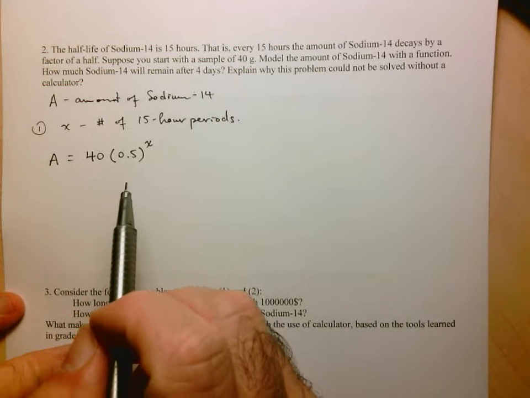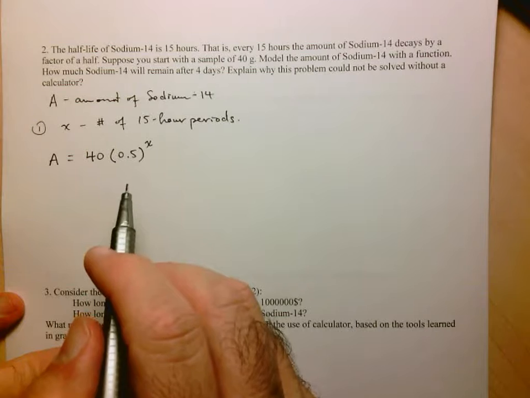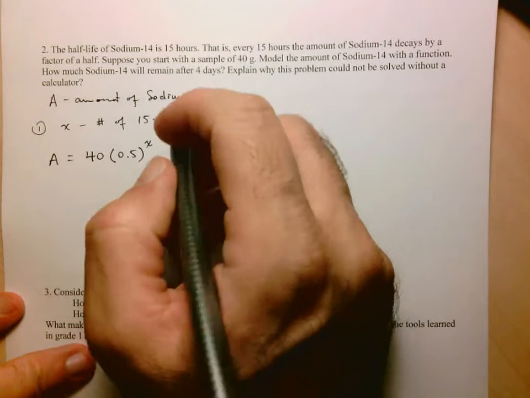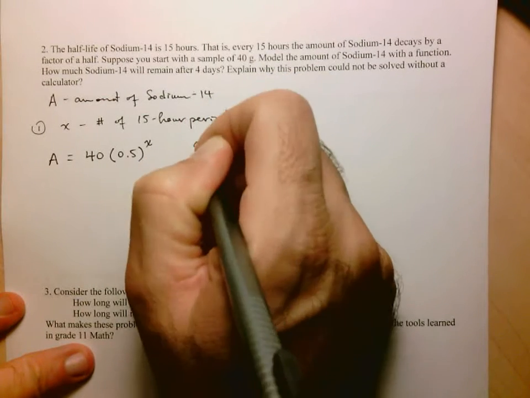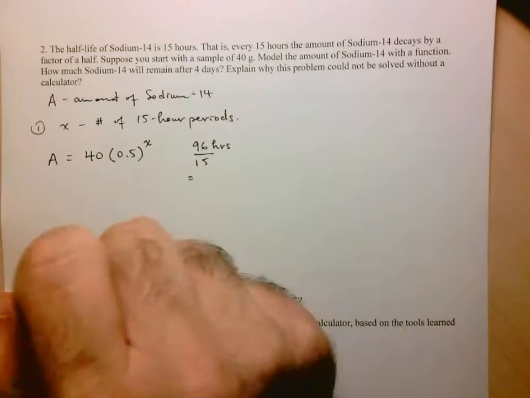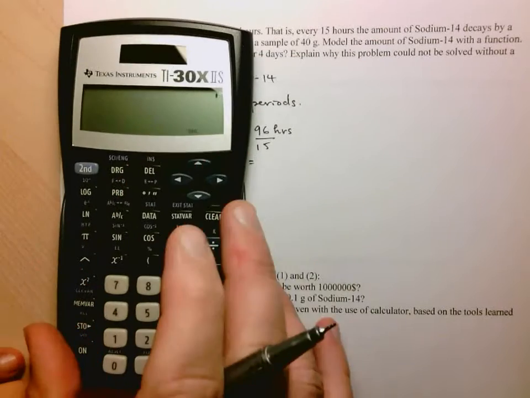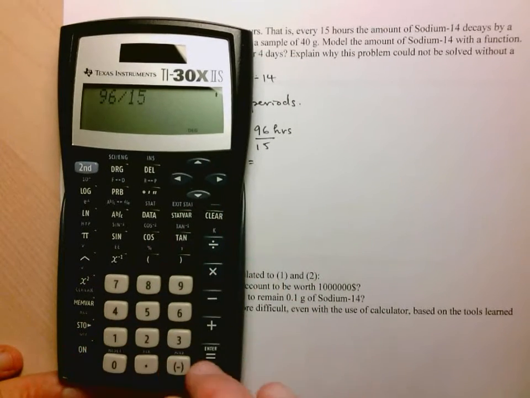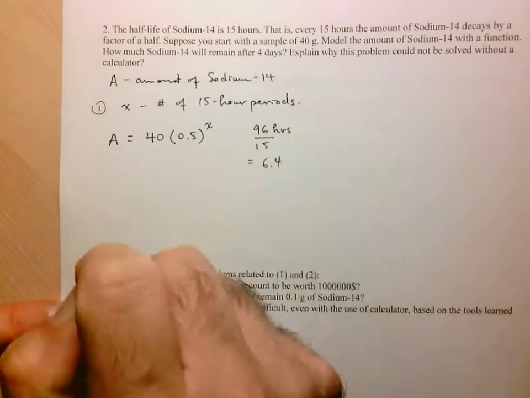So if I try to now solve the next problem, how much will remain after 4 days? Well, I have to figure out now how many 15-hour periods that represents. So 4 days, 4 times 24, that's 96 hours. And I divide that by 15 to determine the number of 15-hour periods. So 96 divided by 15 gives 6.4.